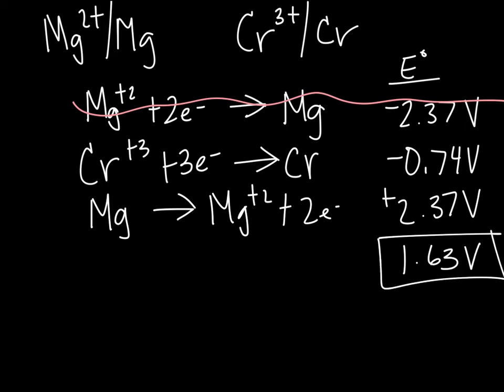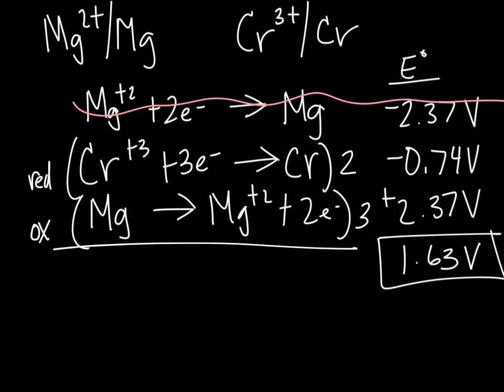All right, now we have to write the overall equation, but we have to balance the electrons. Okay, notice the electrons, once again, a 3 over there and a 2 over there. Electrons have to be the same, so we're going to multiply this top equation by 2, and multiply the bottom equation by 3. Oh, and don't forget, this one was oxidation because we reversed it, and this one was the reduction. Okay, so your electrons should always cancel.